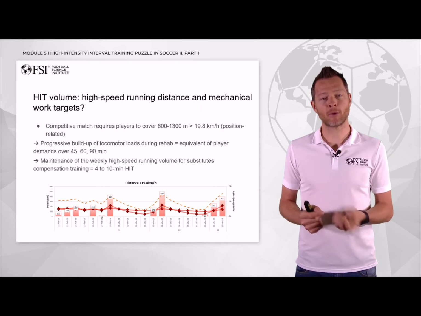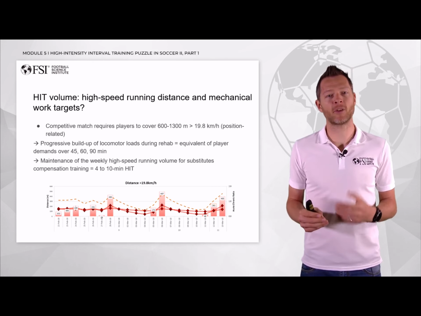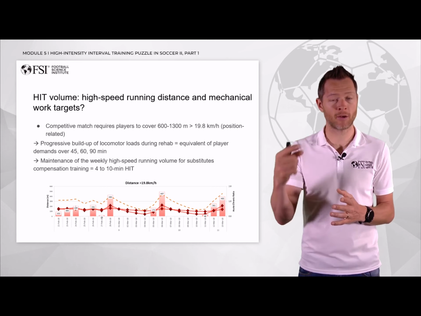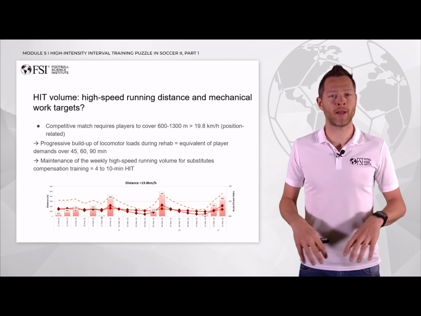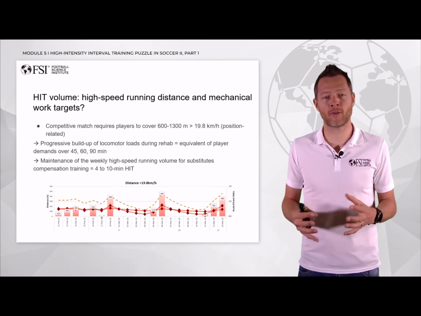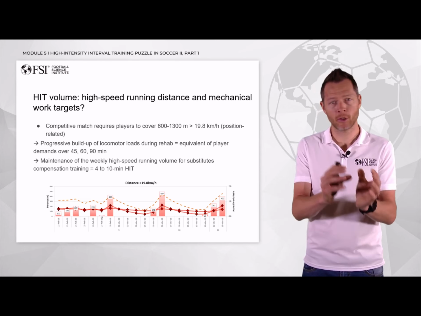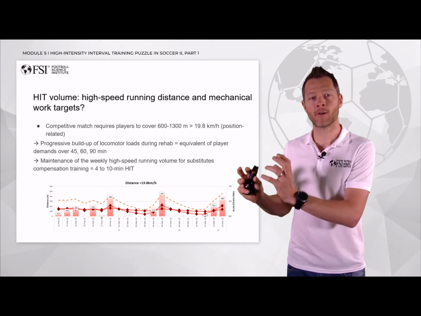What is interesting is that when we think about those game targets, reaching 600 or 700 meters of high intensity, generic type of running or even with the ball, that doesn't require very, very long sequences. Most of the time, in between 4 to 10 minutes of high intensity running, you get your game targets.